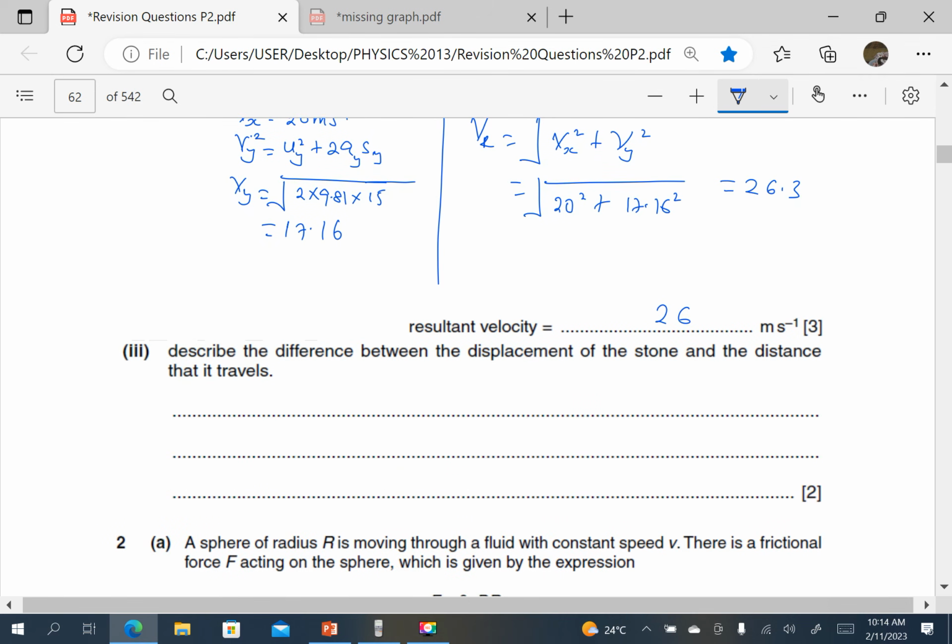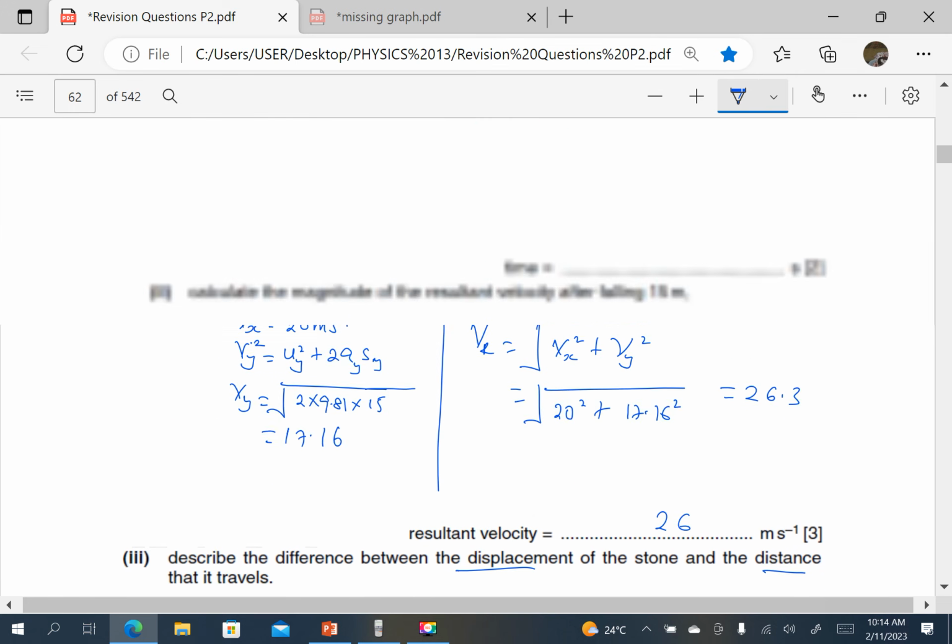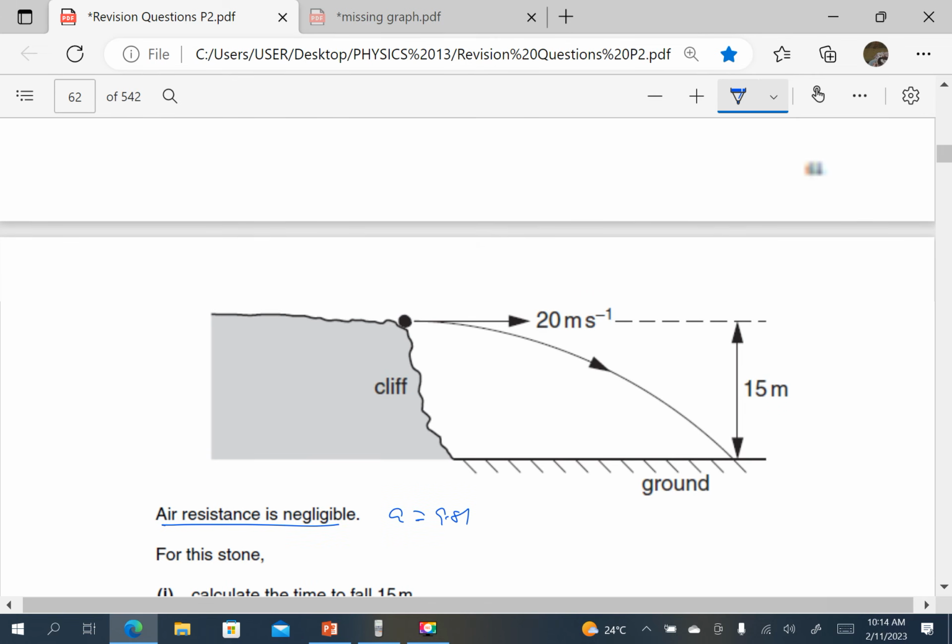Describe the difference between the displacement of the stone and the distance that it travels. So in other words, we are distinguishing between displacement and distance. If I was to go to the diagram, for the distance, I would find the length of this curved path. For the displacement, I would draw a straight line from the initial point to the point where the object lands.